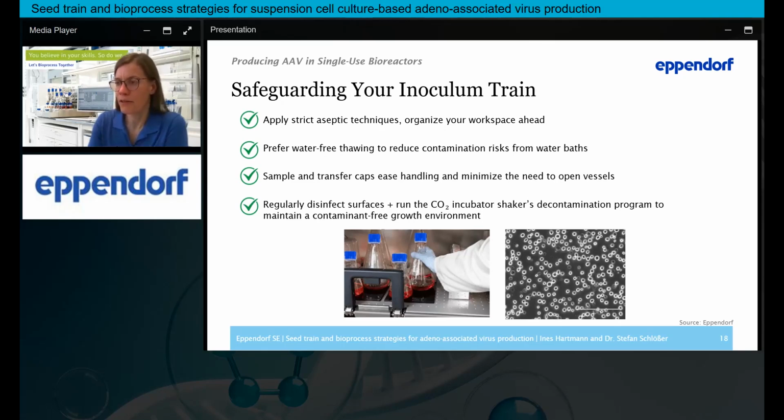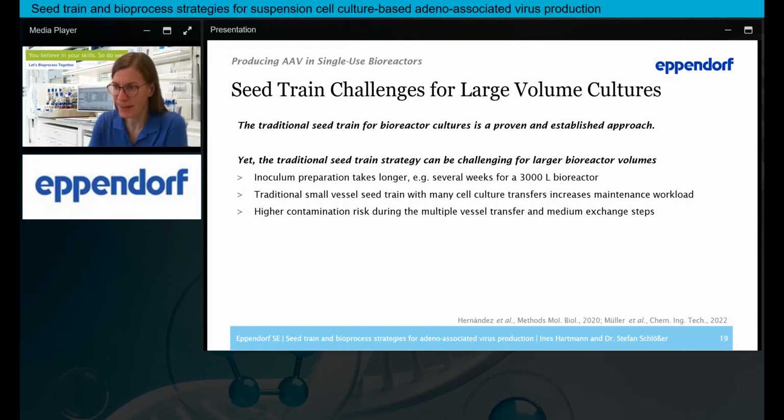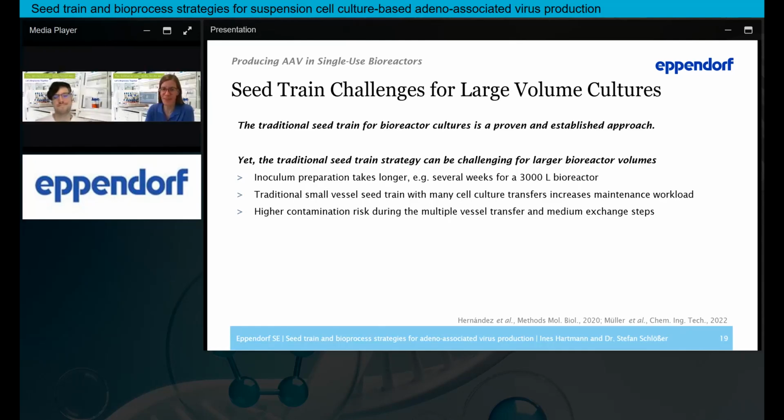Also, regularly disinfect surfaces of your shaking incubator or CO2 incubator shaker. And if it has a decontamination program, run it between batches to be secure. And with this part, we go back to the bioreactor, and I hand over to my colleague Stefan again.